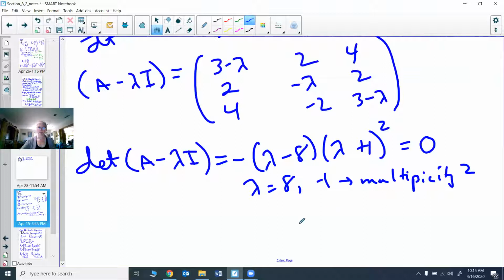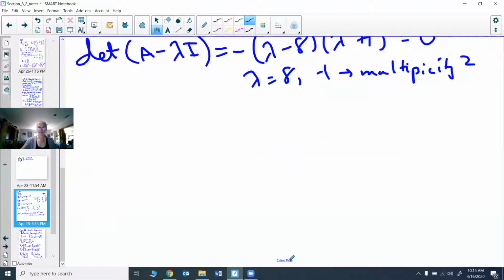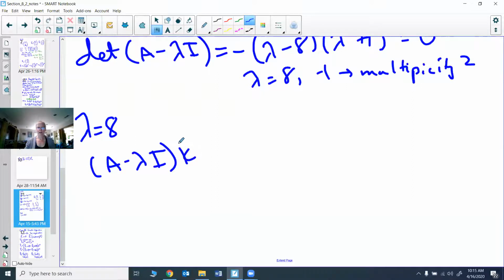Okay. So now let's see what happens with this. So we're going to do lambda equals 8 first because that one isn't multiplicity. So we can do that one first. So again, we're going to look at A minus lambda I times K equals 0. So A minus lambda I means you're going to subtract 8 off the diagonal.